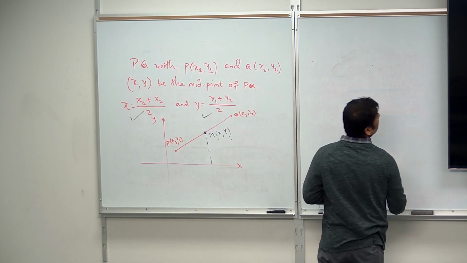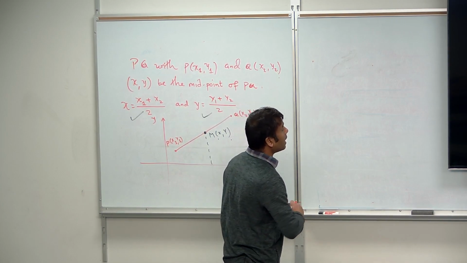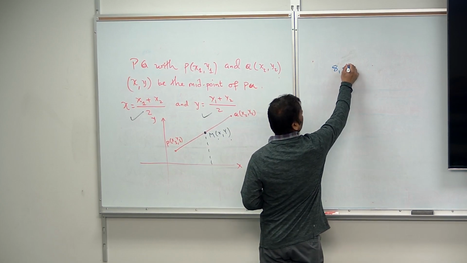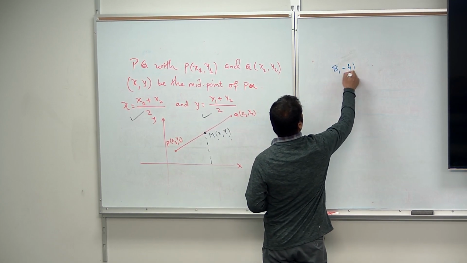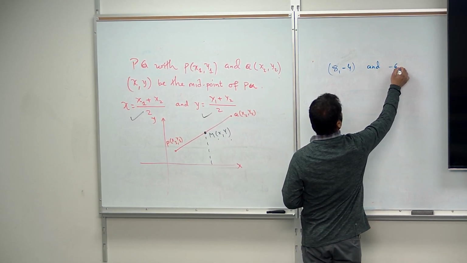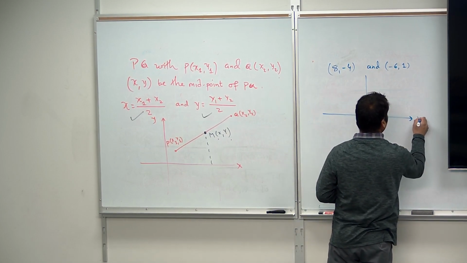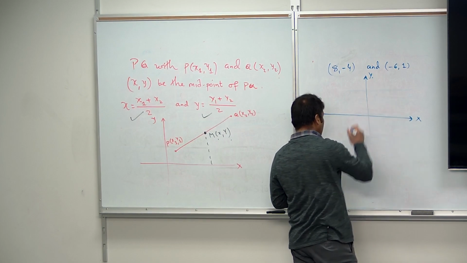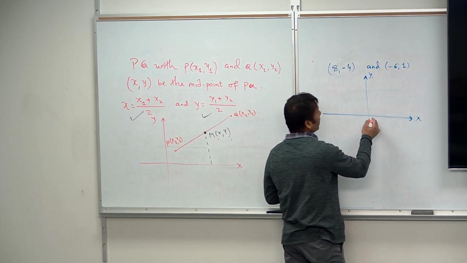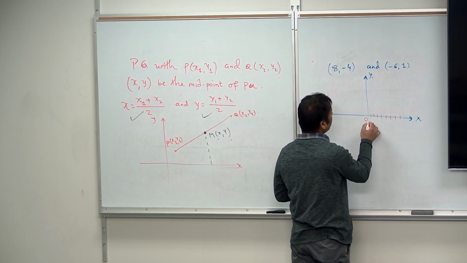So now find the coordinates of the midpoint M of the line segment with the endpoints (8, -4) and (-6, 1). So this is your x-axis, this is your y-axis, right? So (8, -4) is somewhere 1, 2, 3, 4, 5, 6, 7, 8. This is the origin, okay? Negative 4, 1, 2, 3, 4.